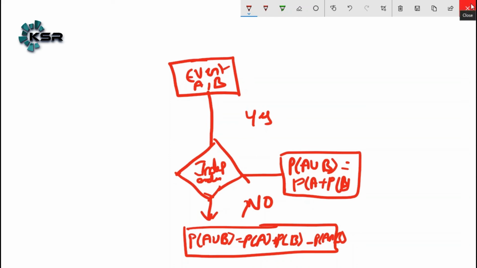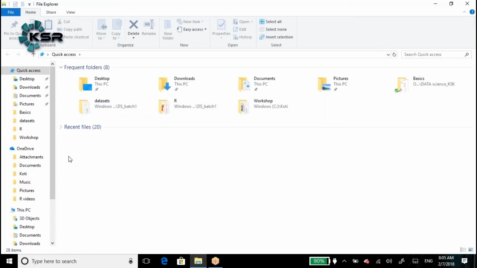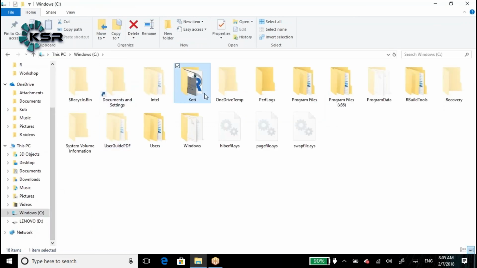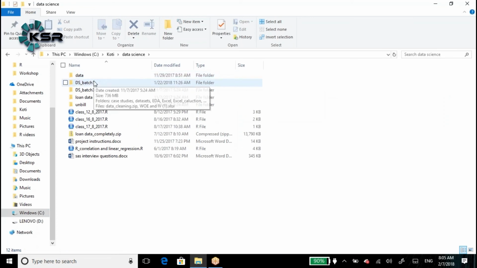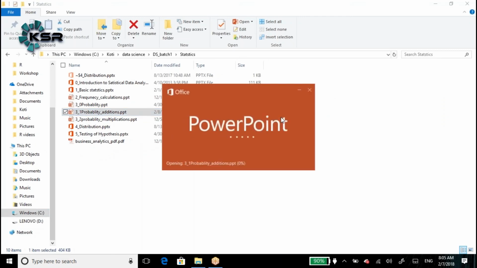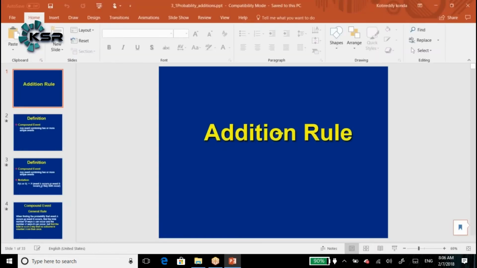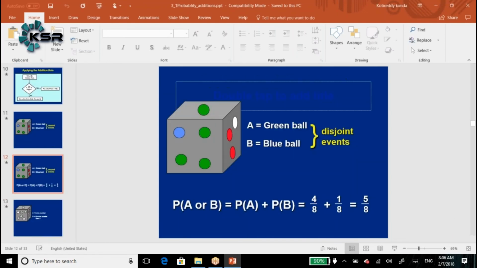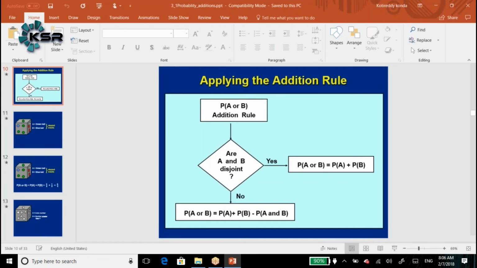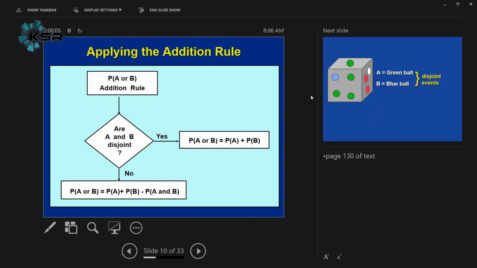Let's do a practice for this as a lab session. As per the addition rule, disjoint means there is no common portion.